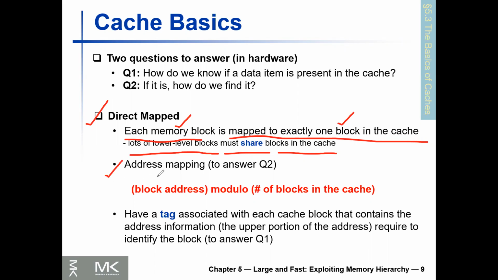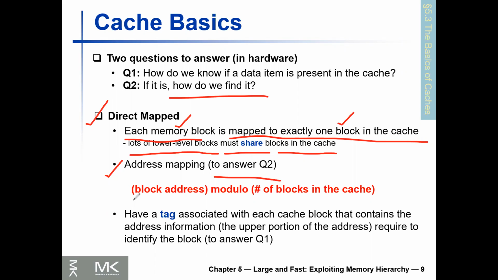Then how do we find which address of the main memory content is going to map to which particular block in the cache? There is a formula for that, which will give you the answer to question number 2, how do we find it.